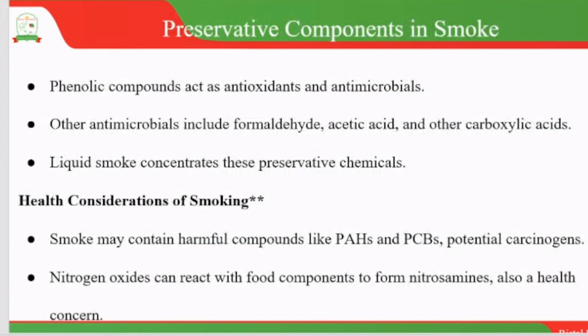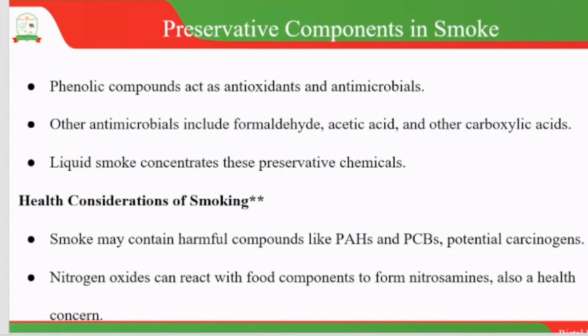Preservative components in smoke: they are phenolic compounds that act as antioxidants and antimicrobials that prevent microbes from growing. Antimicrobials include formaldehyde, acetic acid, and carboxylic acids that prevent microorganisms from developing.